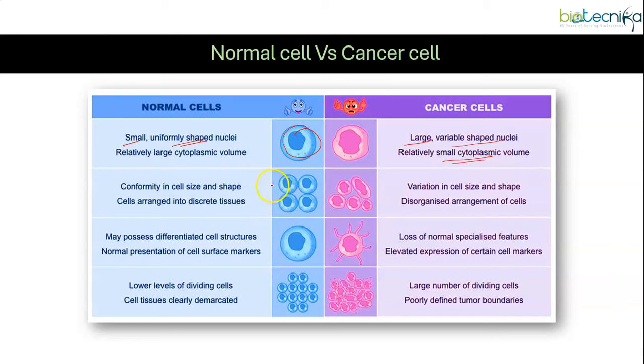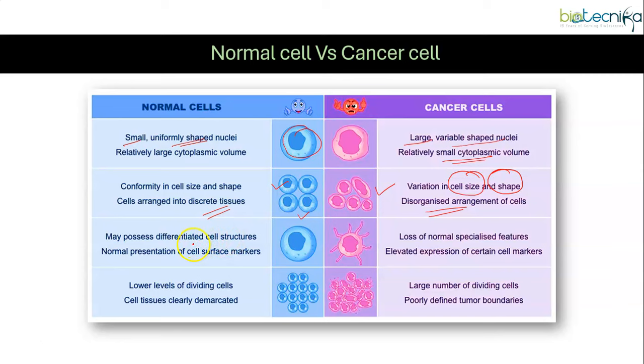If you look into the size and shape of normal cells, they have uniformity. They are arranged into discrete tissues, whereas in cancer cells, there is variation in size and shape of the cell, and there is disorganized arrangement of cells.